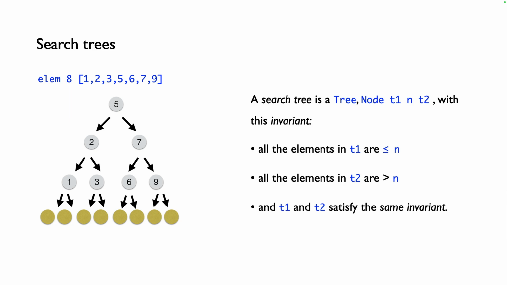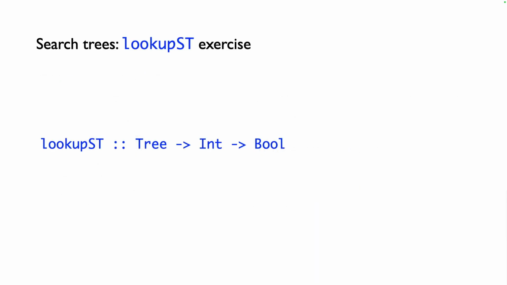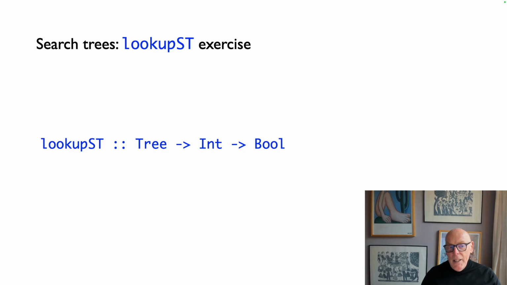So if the number of nodes is n, then the depth is log to the base 2 of n. So we are getting a more efficient conclusion that either an element is in or it's not by using a search tree. So I've explained informally how lookup behaves. I leave it to you to define that for yourself in an exercise.